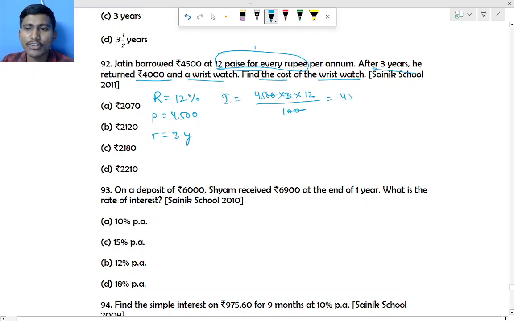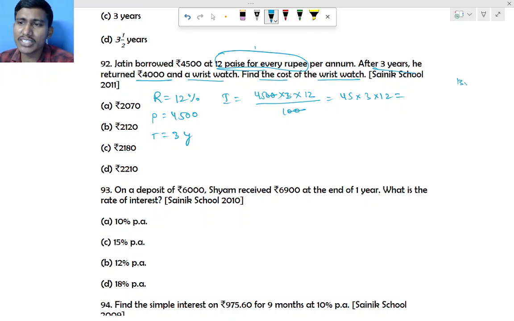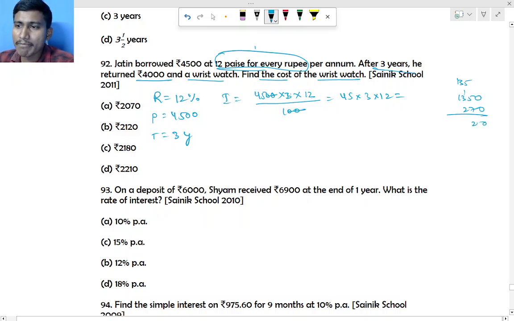So 45 into 3 into 12. 45 times 3 is 135. 135 times 12 is 1350 plus 270, which is 1620. So 1620 will be the interest.